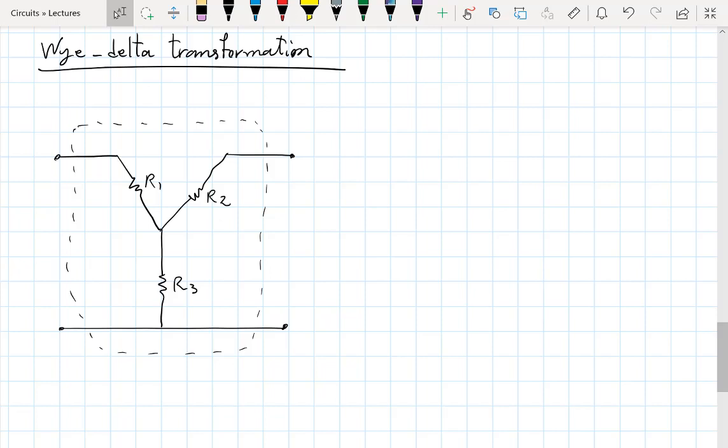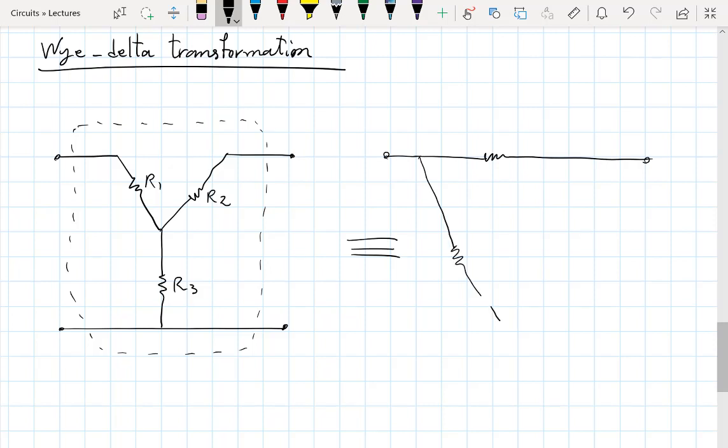What this transformation does is it says this is equivalent to something else that looks like this. That looks like a delta, and let's call these RA, RB, and RC.